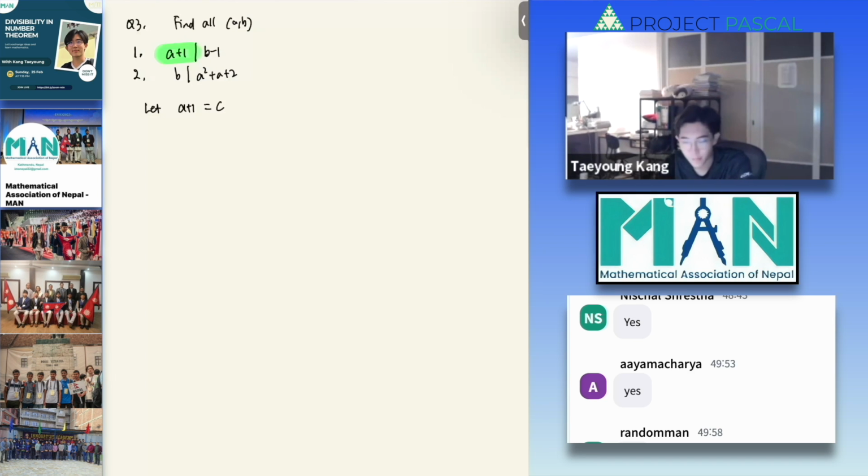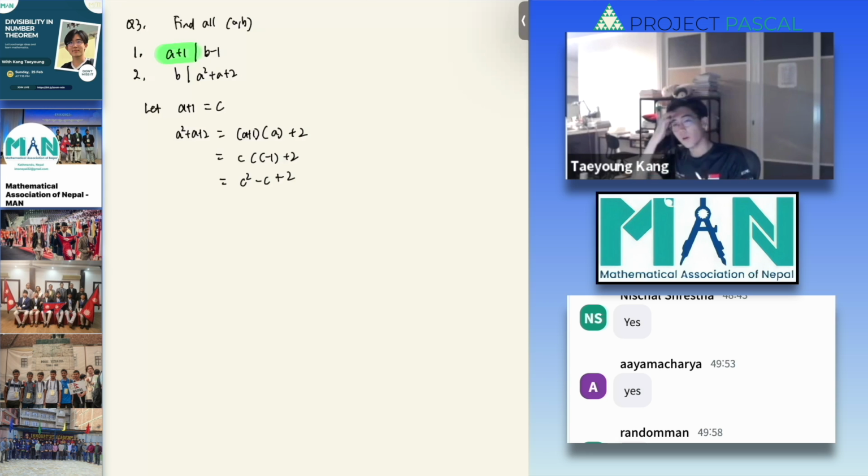So if we let A plus 1 equal C, then A squared plus A plus 2 is equal to A plus 1 times A plus 2, which is C times C minus 1 plus 2, which is C squared minus C plus 2.